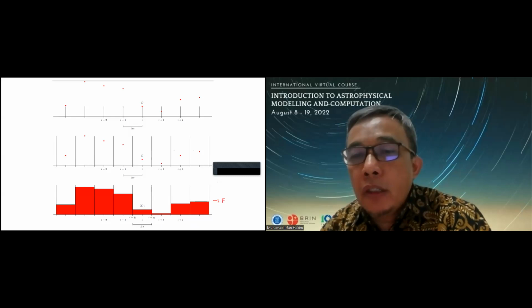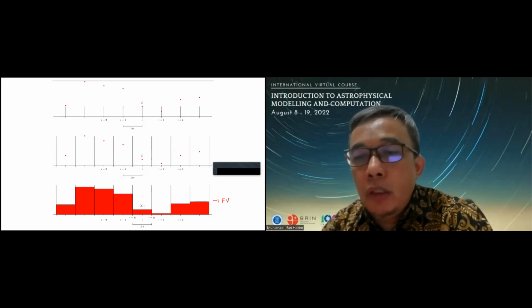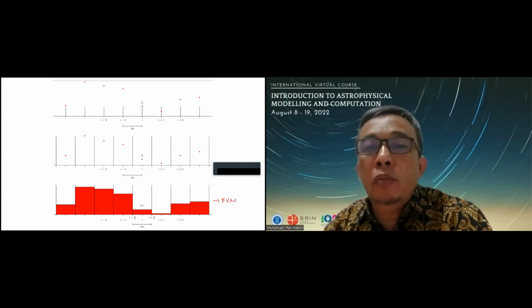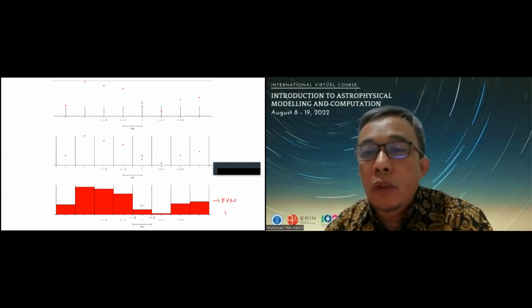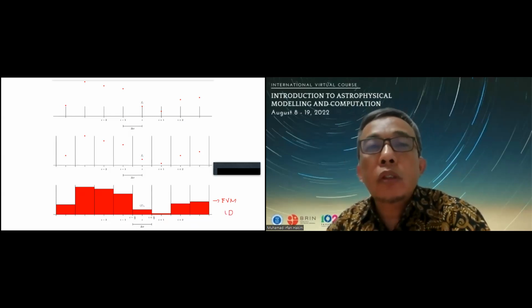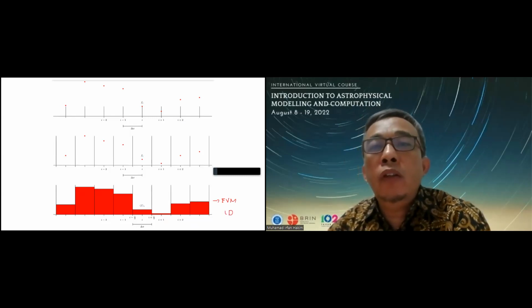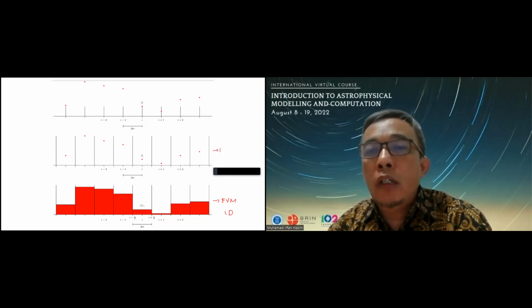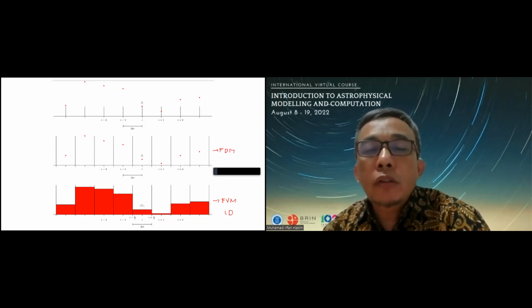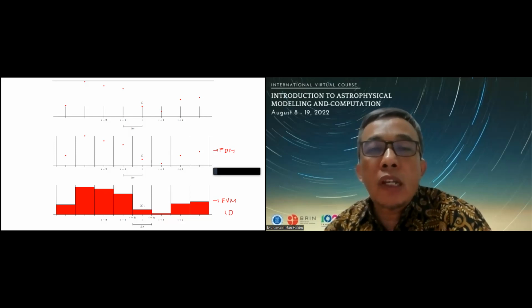Compared with another method. This is the finite volume method for 1 dimension. In a finite difference method, for example, here, this is the central difference, I think.